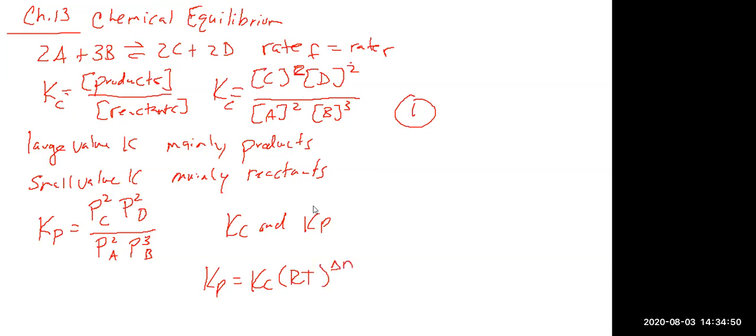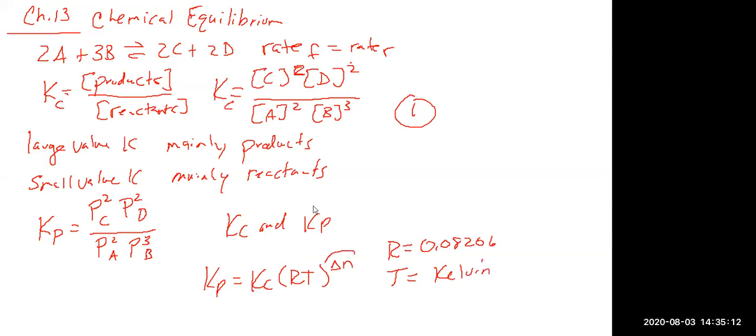And a couple of things that we talked about in this one, obviously our Kp is our equilibrium constant for pressure. Kc is our one for concentration. R here is our gas constant that we use for gas laws. So that's the 0.08206 number. T here is temperature that does need to be in Kelvin.